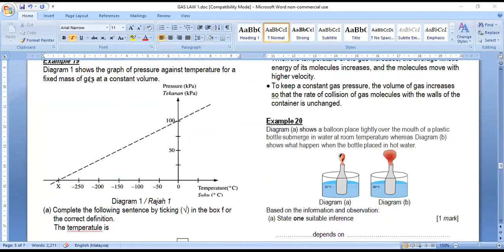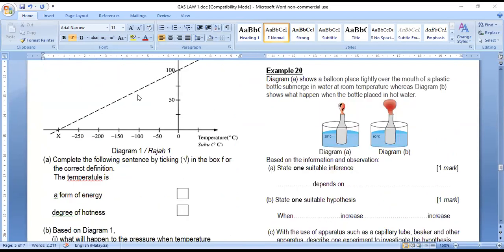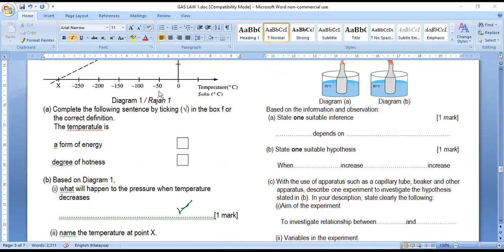Another example, diagram 1 shows the graph of pressure against temperature for a fixed mass of gas at a constant volume. Complete the following sentence by ticking the box for the correct definition. Temperature basically is degree of hotness. And what happened to the pressure when the temperature decreases? The answer will be decrease.